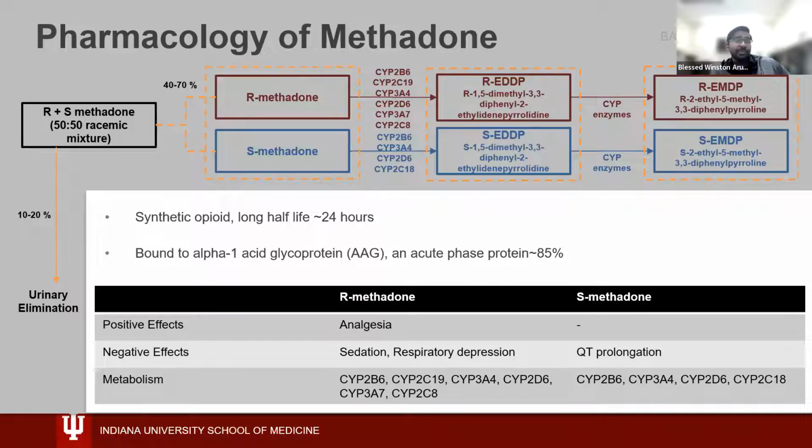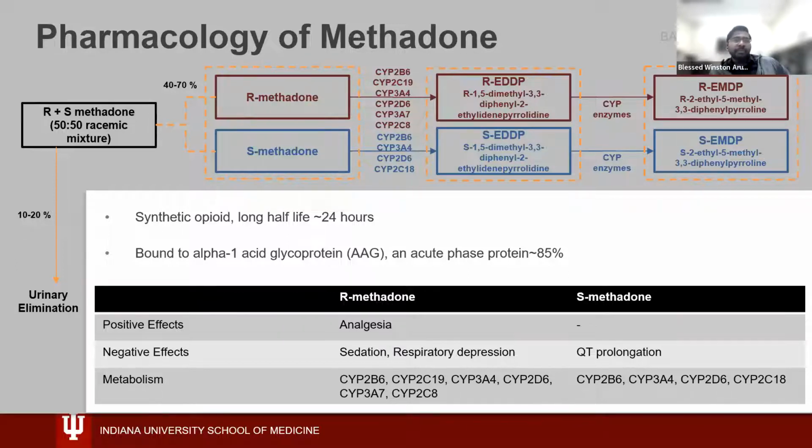There's some literature which shows a delay of even 4 hours. So methadone is much faster that way. It doesn't act for 24 hours, probably acts for about 12 hours, although the half-life is 24 hours.